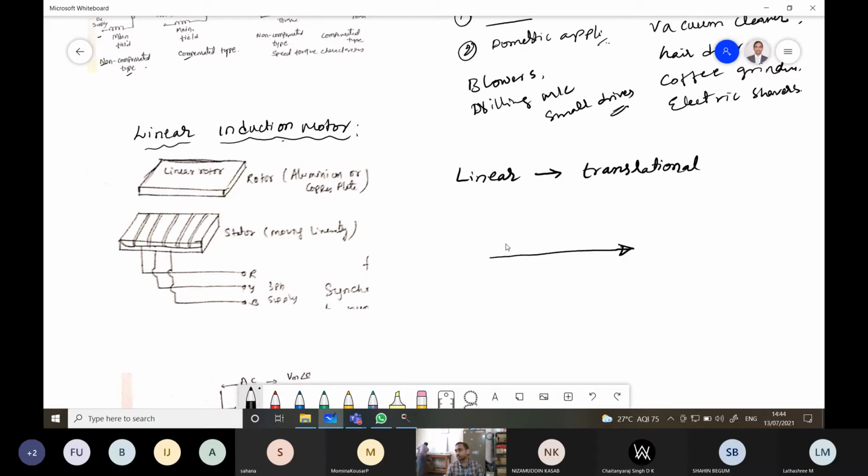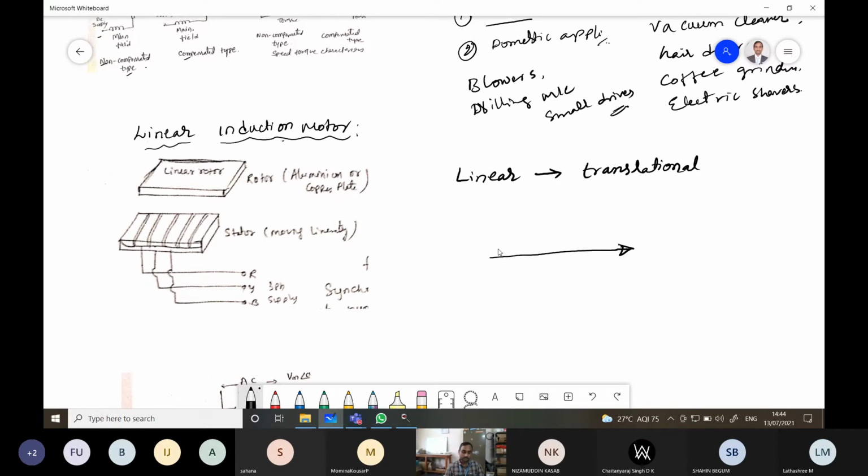If it is not a rotating motion, the motor moves linearly, in a straight line. So instead of rotational motion, hence it is called a linear induction motor. Especially these types of motors are used in magnetic levitation trains, right? That is one of the applications of linear induction motor.